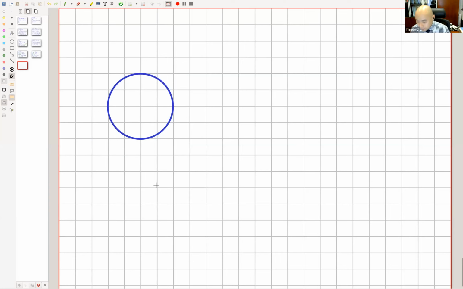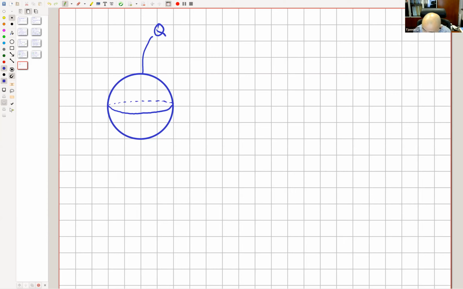Imagine this is a sphere, and let's give it some stuff. It has some total charge of Q. Now to make this a little bit more like an actual sphere. Okay.